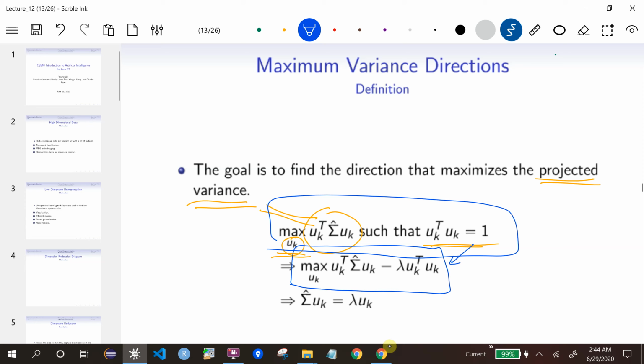What we're doing is basically converting this constraint into lambda multiplied by the constraint, and then we get an expression like this. Somehow we're still skipping a lot of algebra. I apologize. If you don't know what a Lagrange multiplier is, it's good to learn it.